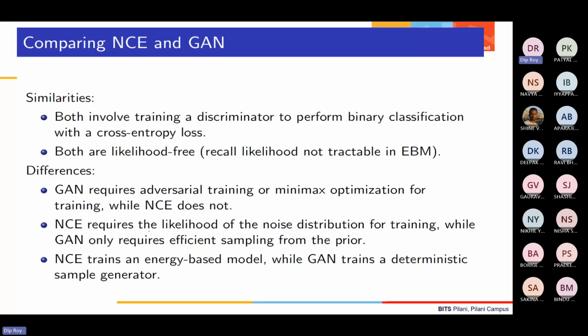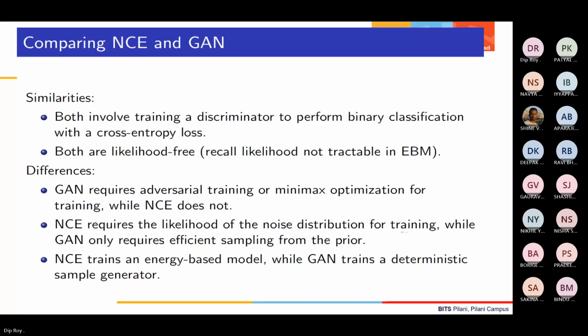NCE requires the likelihood of the noise distribution for training, while GAN only requires efficient sampling from the prior. Right. And NCE trains an energy-based model, while GAN trains a deterministic sample generator. Right. So this is the comparison between NCE and GAN.